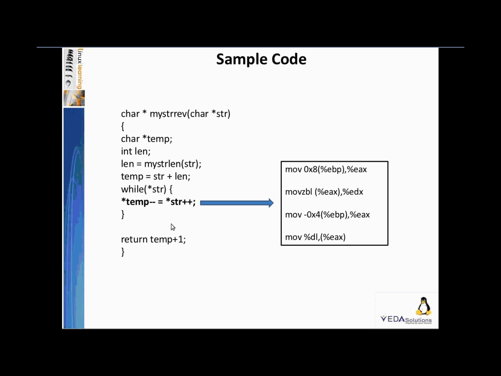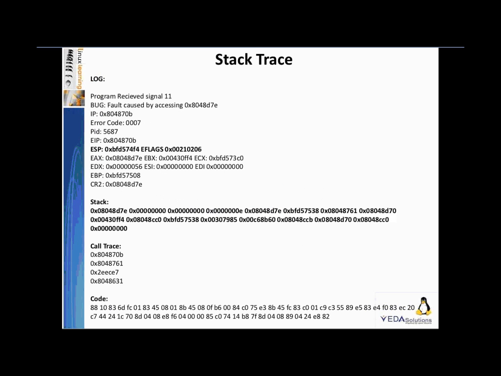The second instruction is about copying the first byte of that particular string pointed by EAX into EDX. The third instruction, we are trying to access that particular local variable or local pointer address temp and moving that into EAX. And the fourth instruction, we are trying to copy the data from the EDX into EAX.